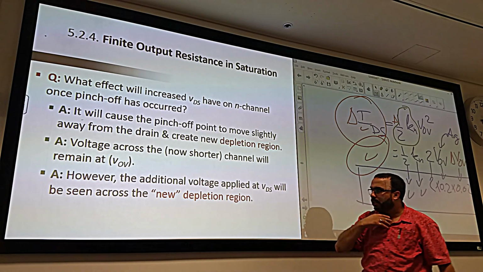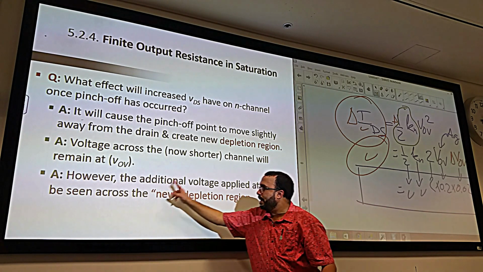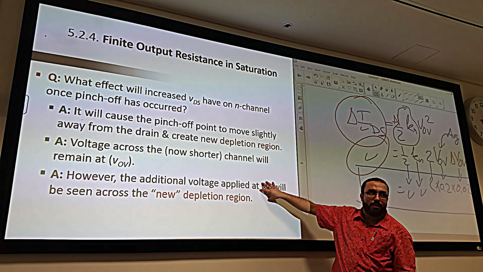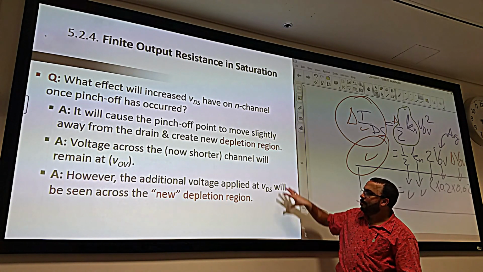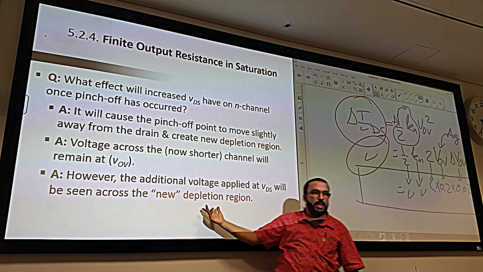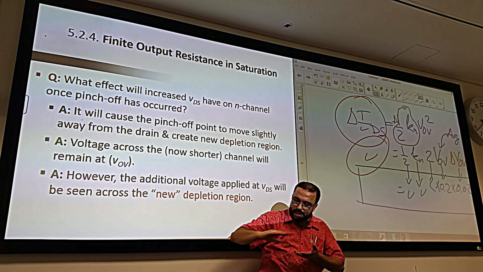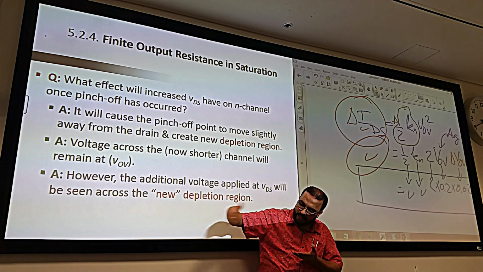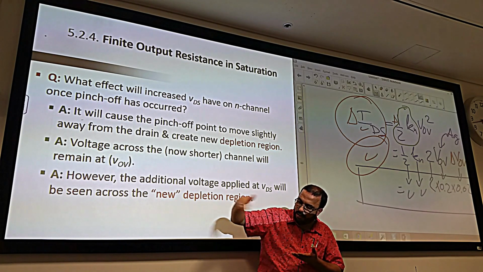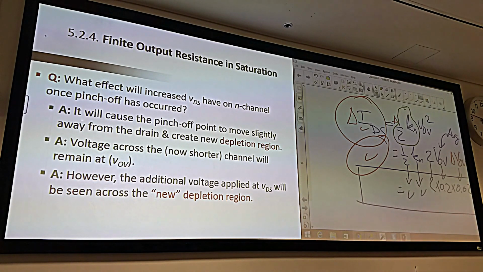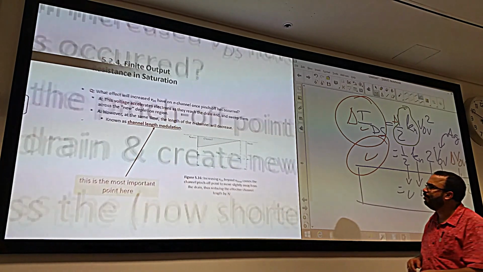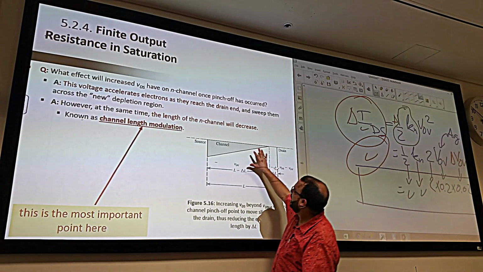So in conclusion, the additional voltage that we have applied on VDS to push the pinch off point away from the drain will be seen as a new depletion region. It is like a depletion region that is pushing the channel away and throwing the charge away from the drain. This is what physically is happening. So that's in terms of that.